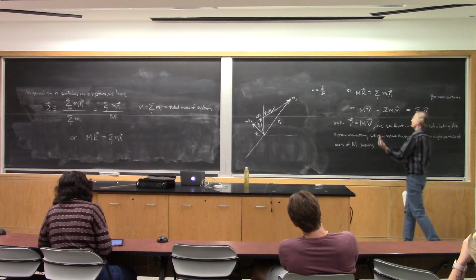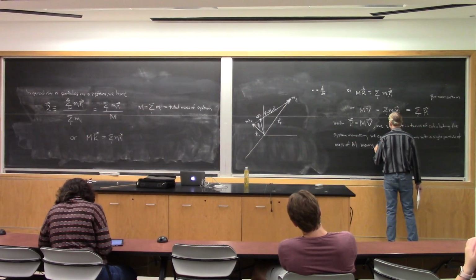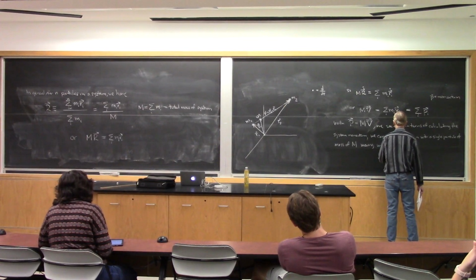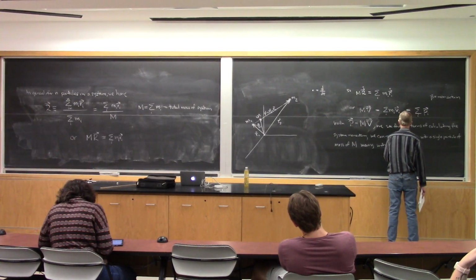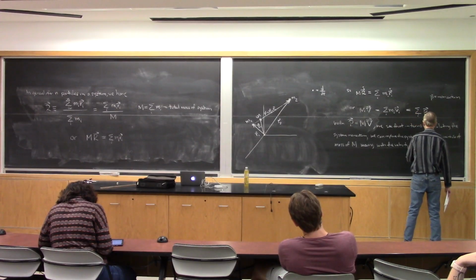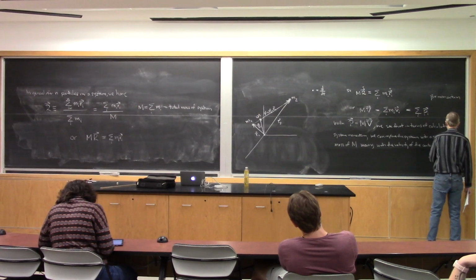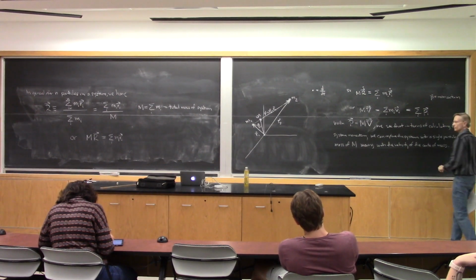Because capital V is capital R dot, that's the velocity the center of mass is moving with. That's a really neat result. That's a great simplification.